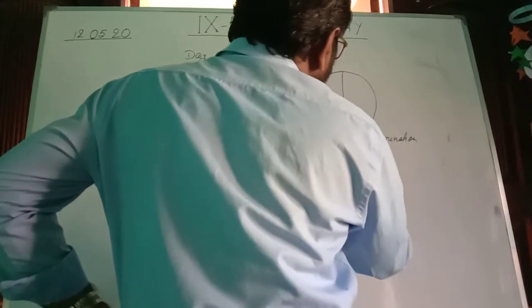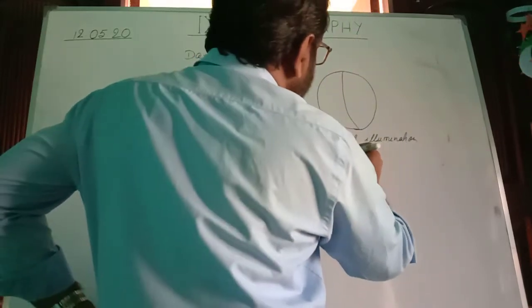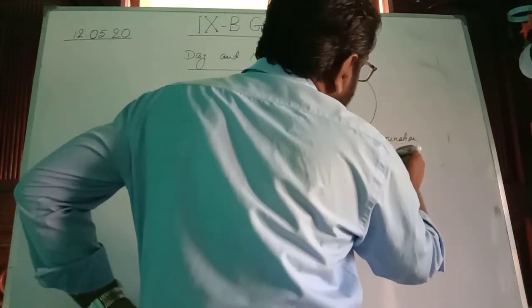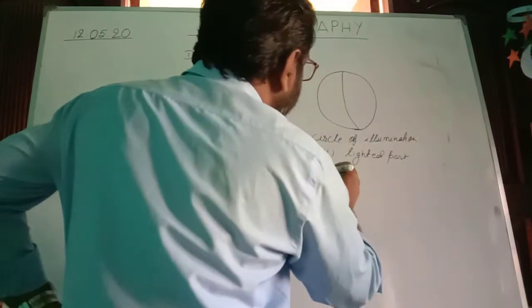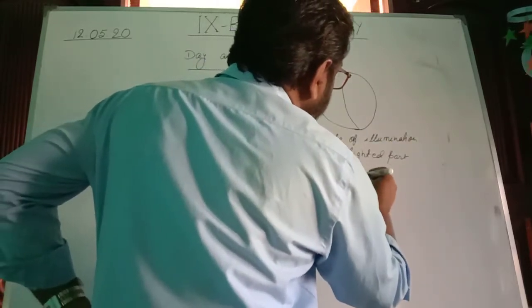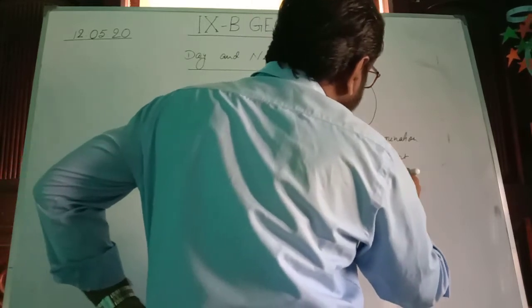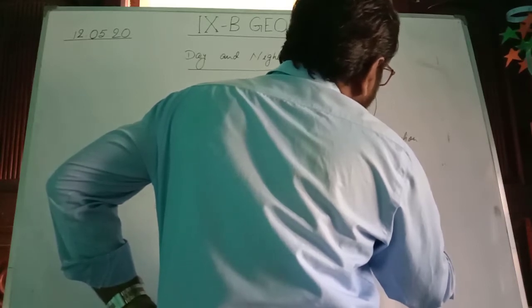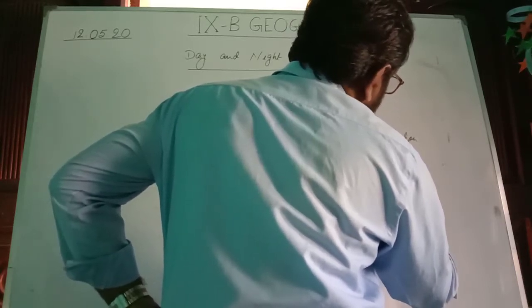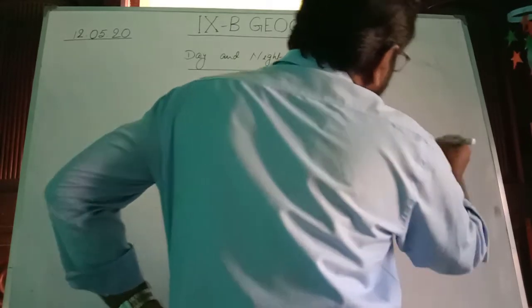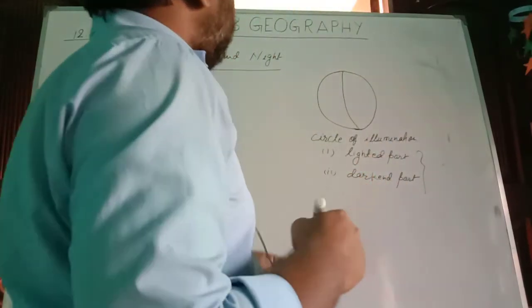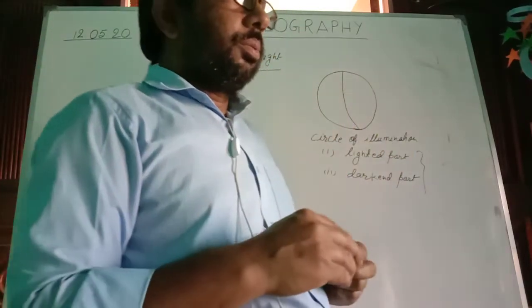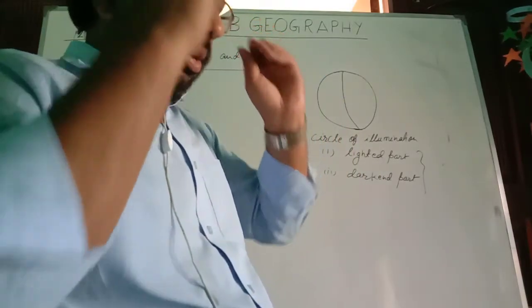This circle of illumination divides the lighted part and the darkened part of the earth. By this circle of illumination, the earth is divided into two, the lighted part and the darkened part.